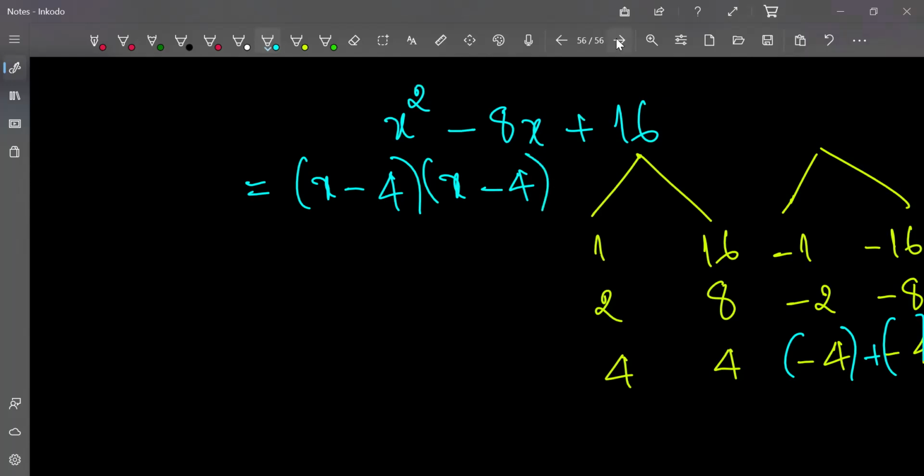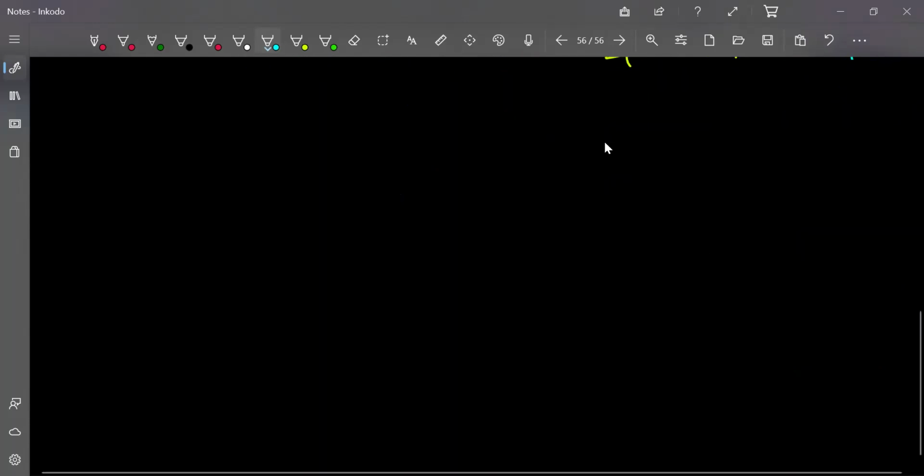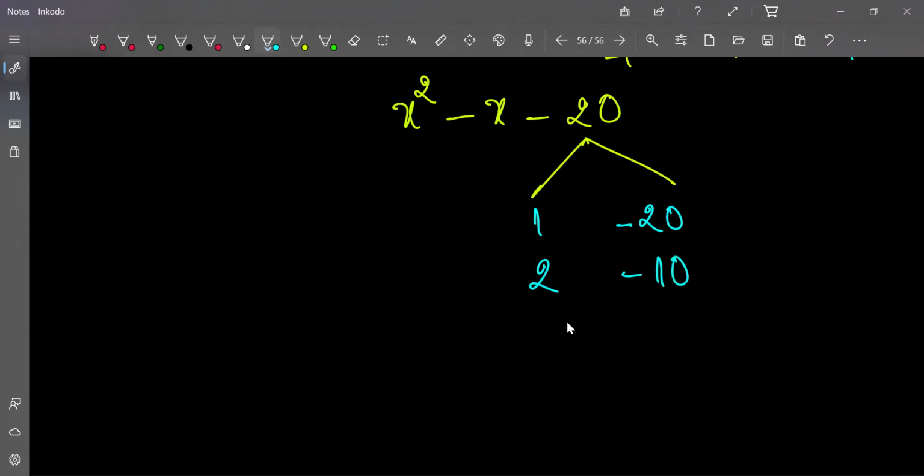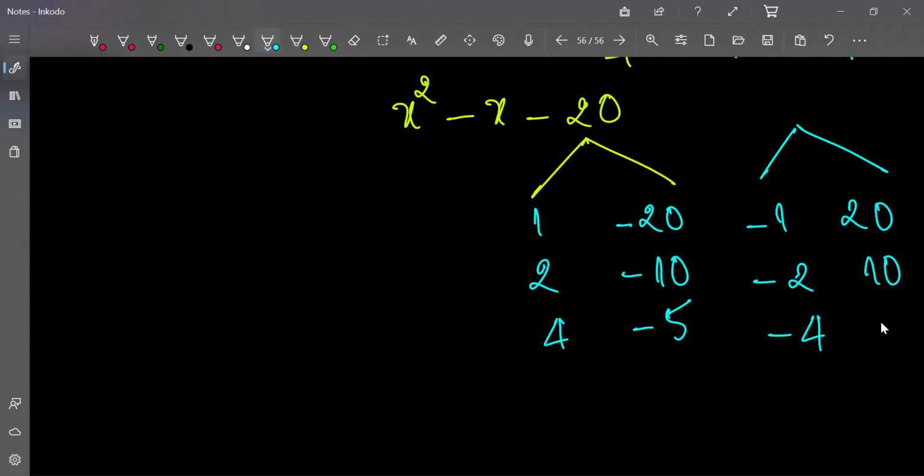Okay, so let's move to another example. So if I have x squared minus x minus 20. So the factor pairs of negative 20 are 1 and negative 20, or 2 and negative 10, 4 and negative 5, and the other pairs are negative 1 and 20, negative 2 and 10, negative 4 and 5.